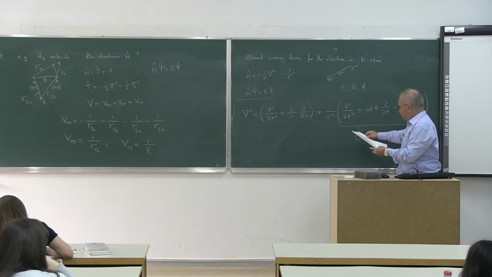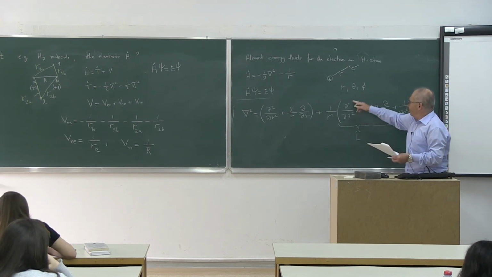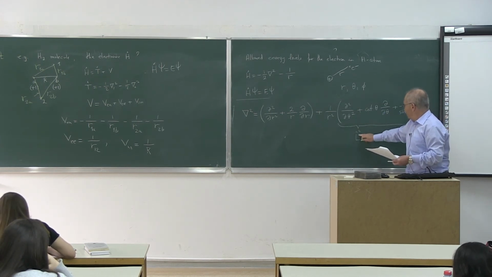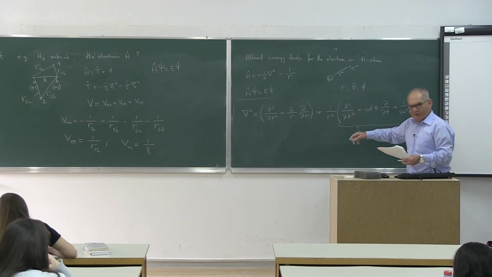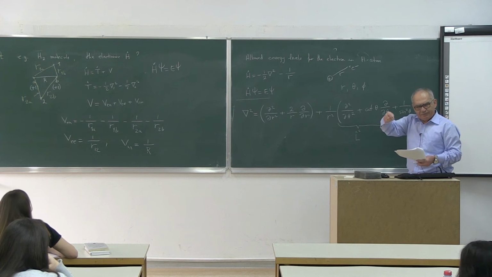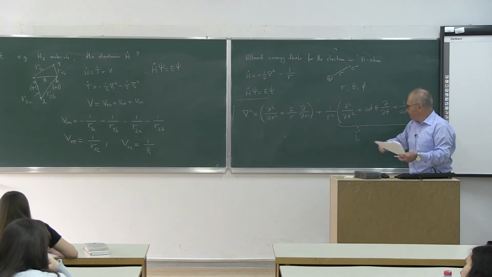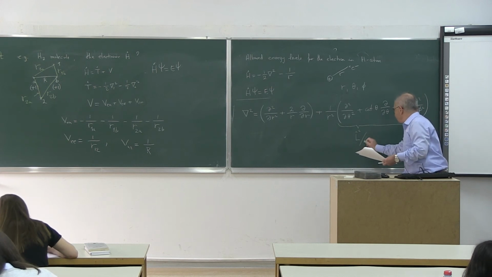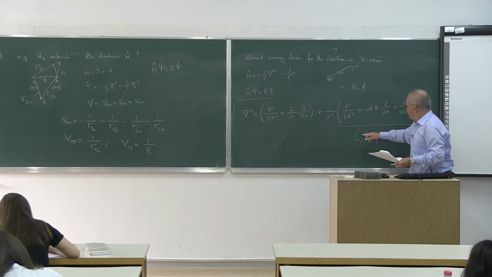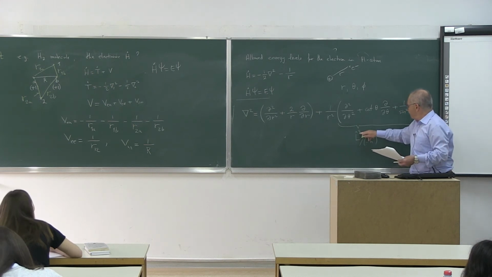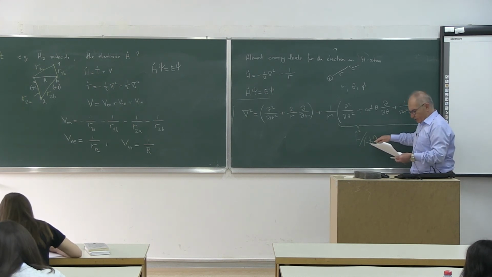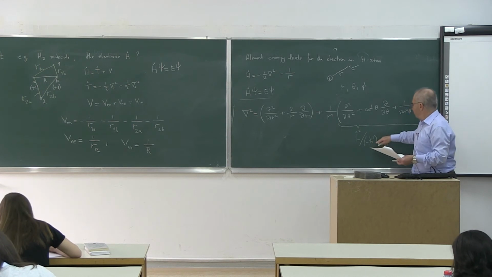If we take our definition for L square in SI units, this is L squared divided by minus h bar squared.